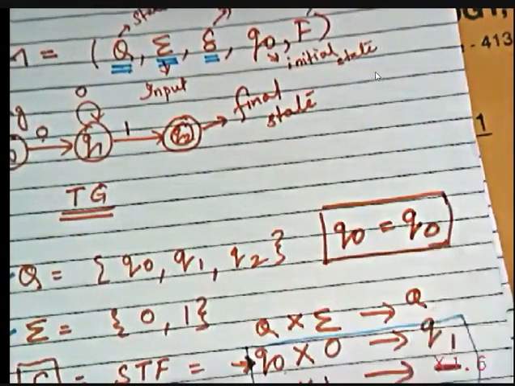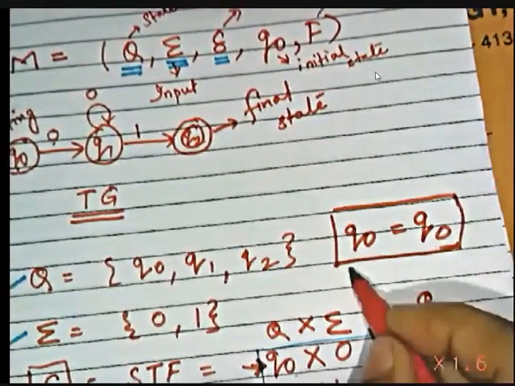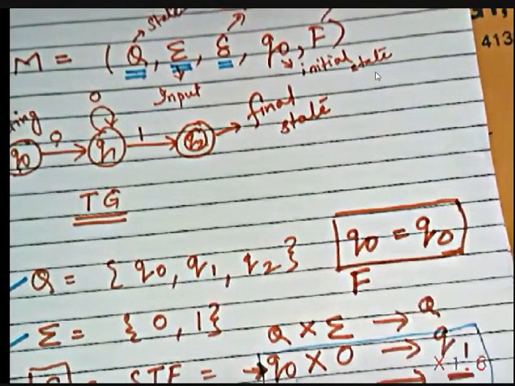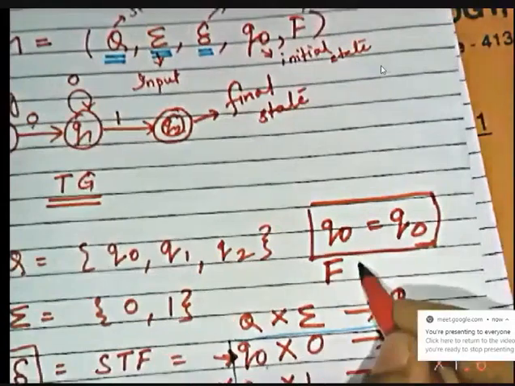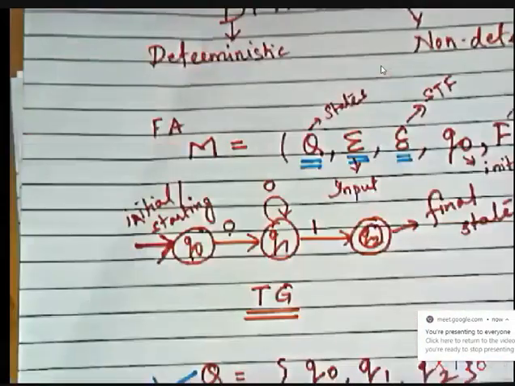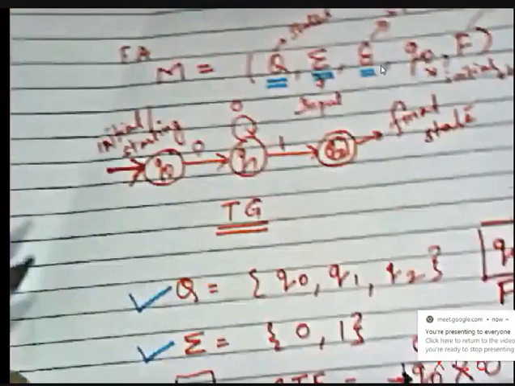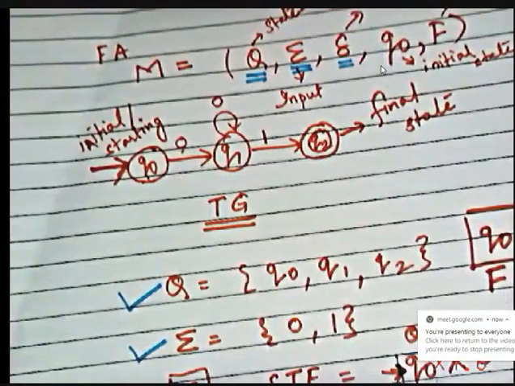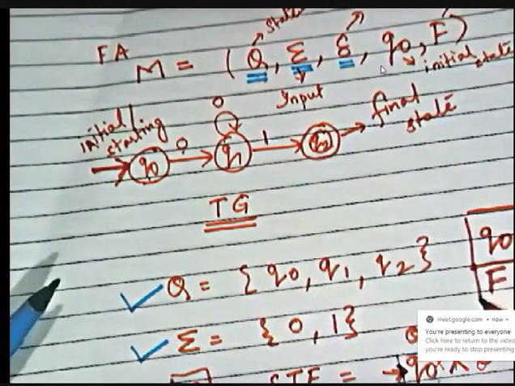And what about my final state? My final state is F. My F for the current finite automata is equal to Q2. So once I know all this information, Q0 and F are also known.